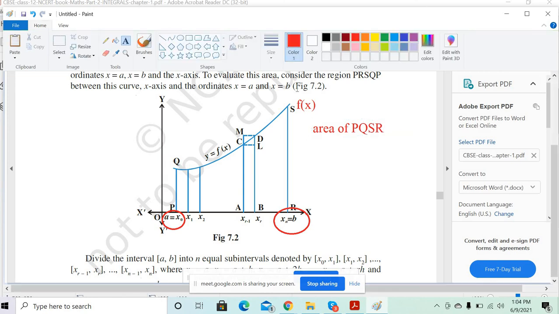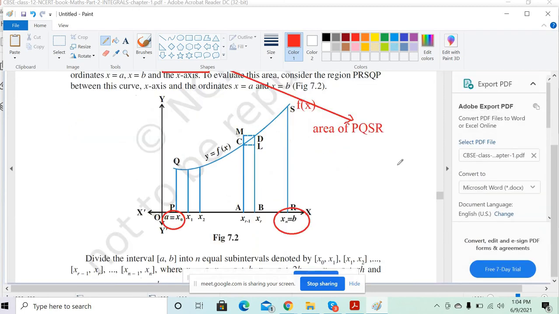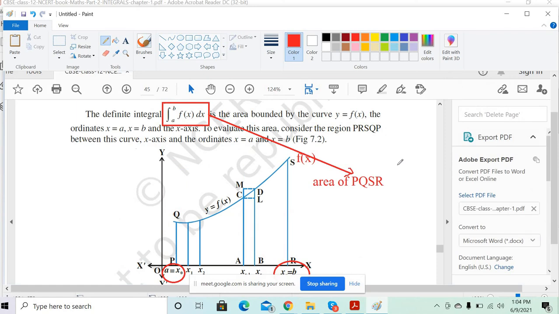So the area of PQSR is found using the integration method. The meaning of this integral is actually this part. Clear? So it tells you that you need to find the area of PQSR, isn't it? How can we say that? Let's try to understand.